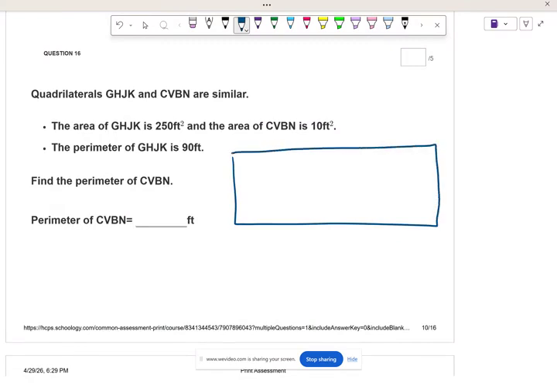It goes scale factor, perimeter, and area. And they want us to put the GHJK first and the CVBN second. So we got to keep our numbers straight as we fill them in.